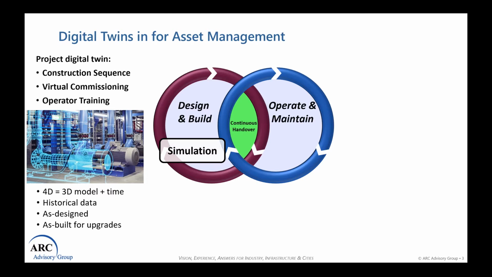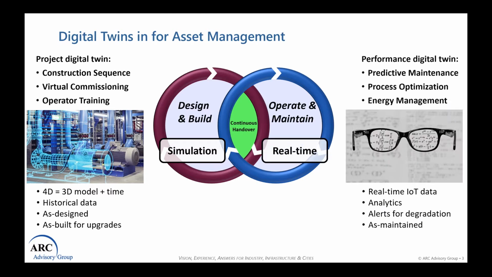Now, if we go into the operate and maintain side of the world, typically those are more around the math algorithms. And we see two. There is typically the OEM who's very familiar with a particular piece of equipment.